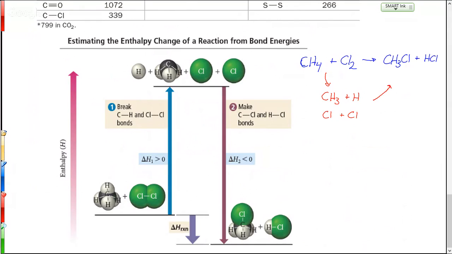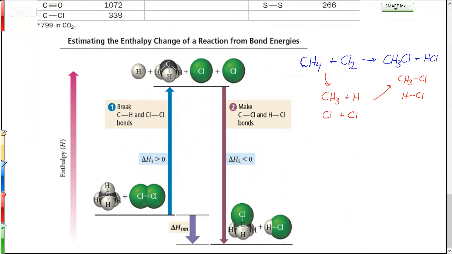And then we can think about recombining those, so making a C-Cl bond and making an H-Cl bond. So what bonds are formed, what bonds are broken. We can subtract those bond energies from each other and get an estimate of the overall energy of the reaction.